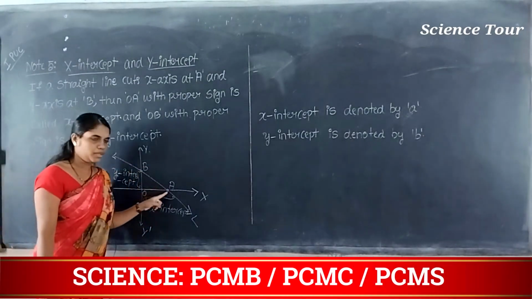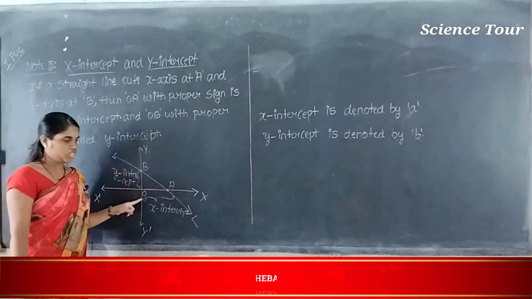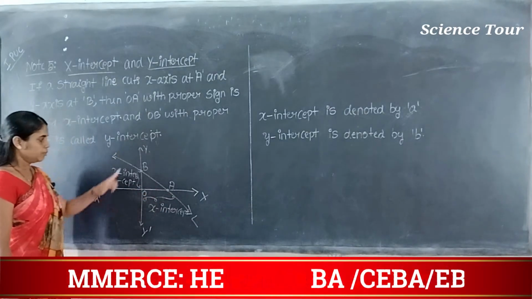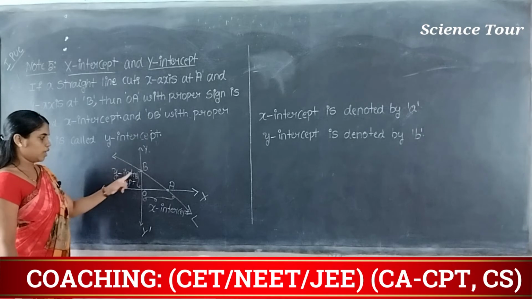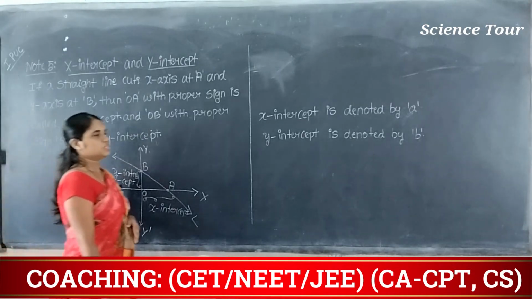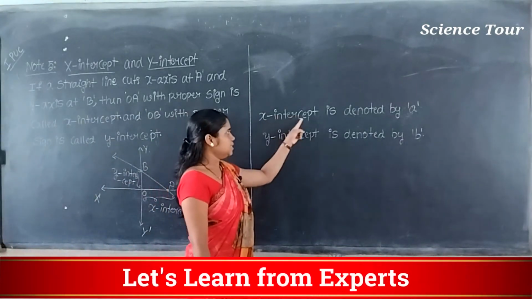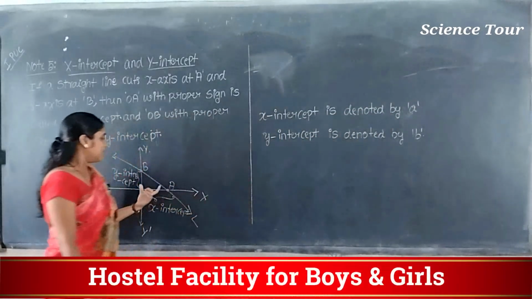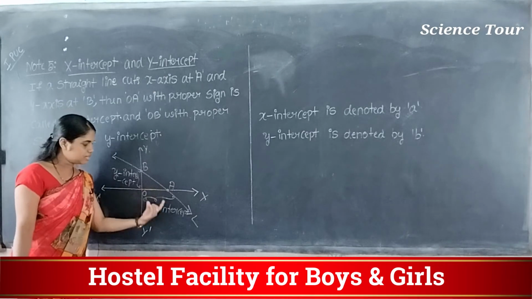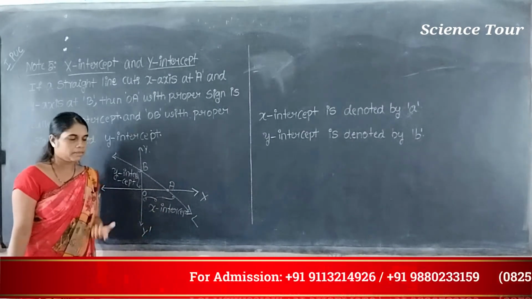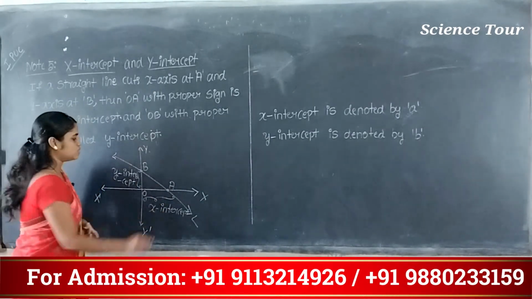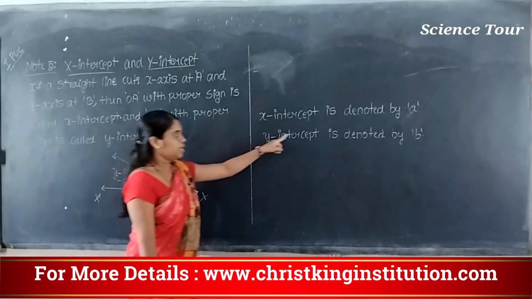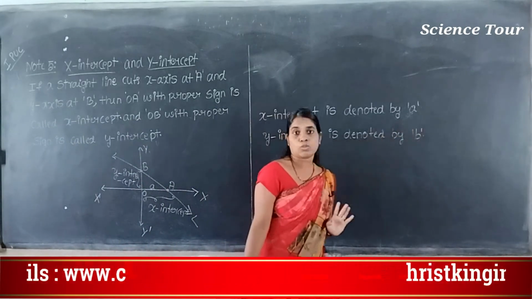The length from the origin, that is the length of OA, is known as the x-intercept, and the length of OB is known as the y-intercept. Normally the x-intercept is denoted by small letter a, and the y-intercept is denoted by small letter b.